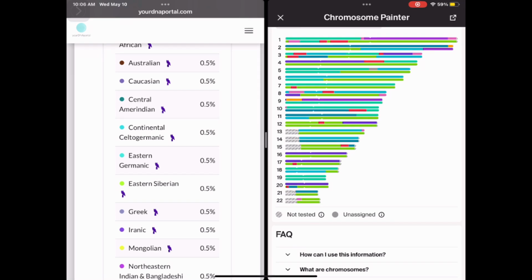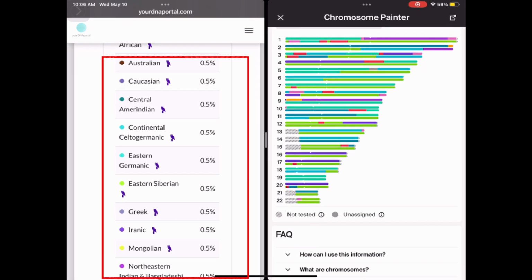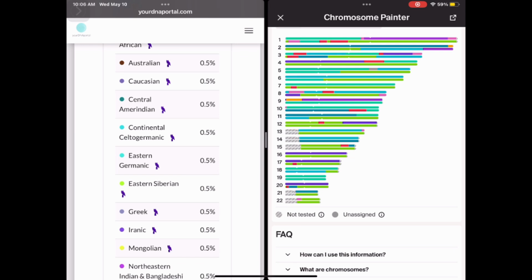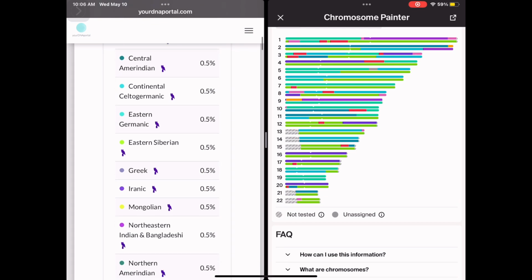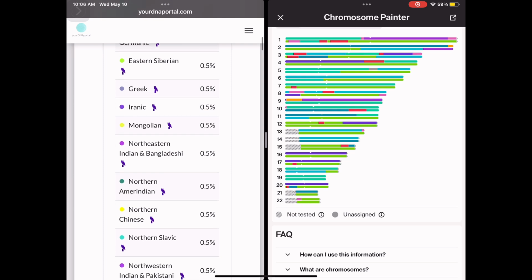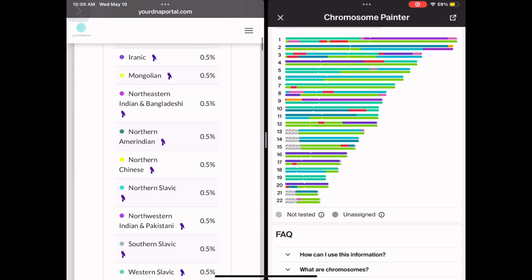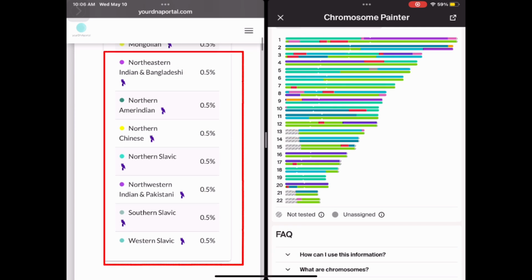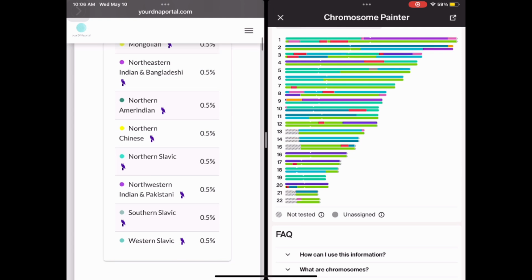Continuing on here, we see you have Australian at 0.5, Caucasian 0.5, Central Amerindian 0.5, Continental Celto-Germanic 0.5, Eastern Germanic 0.5, Eastern Siberian 0.5, Greek 0.5, Iranic 0.5, Mongolian 0.5, Northeastern Indian and Bangladeshi 0.5, Northern Amerindian 0.5, Northern Chinese, Northern Slavic, Northwestern Indian and Pakistani, Southern Slavic, and Western Slavic, all 0.5.